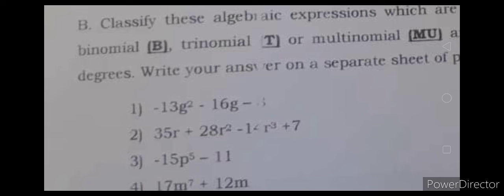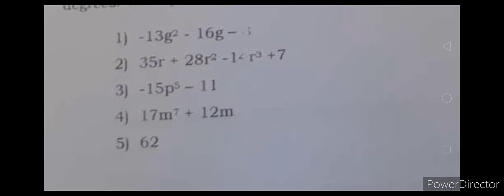So, ang number 1, negative 13g raised to 2 minus 16g minus 3, the highest degree or the highest exponent, amo na siya ang degree. So, ang highest exponent is 2. So, 1, 2, 3, trinomial in 2 degrees. Highest is 2 degrees.